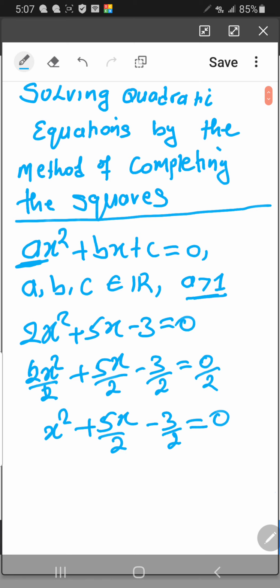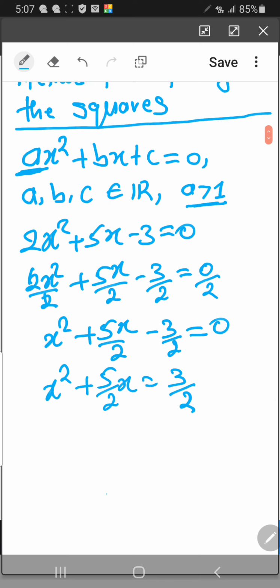Now, as the coefficient of x squared is 1, we follow the same procedure as how we were solving quadratic equations by completing the square when the coefficient of x squared was 1, which is we take the constant term across the equal sign. This becomes x squared plus 5 over 2 x is equal to 3 over 2.